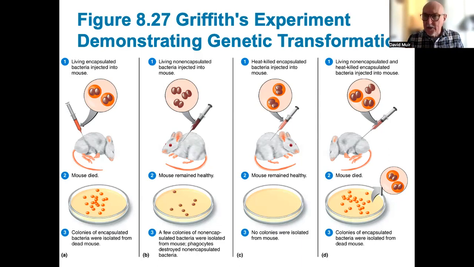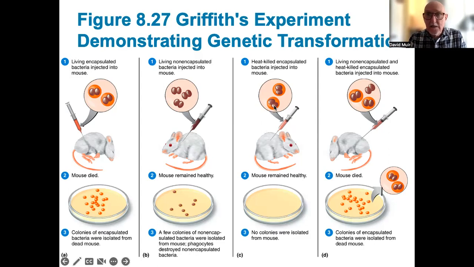During experimentation, Griffith came across something very strange and very anomalous. First of all, he developed methods for boiling and sterilizing cultures of smooth bacteria. So he would boil them, and the cells remained intact, but they were dead.